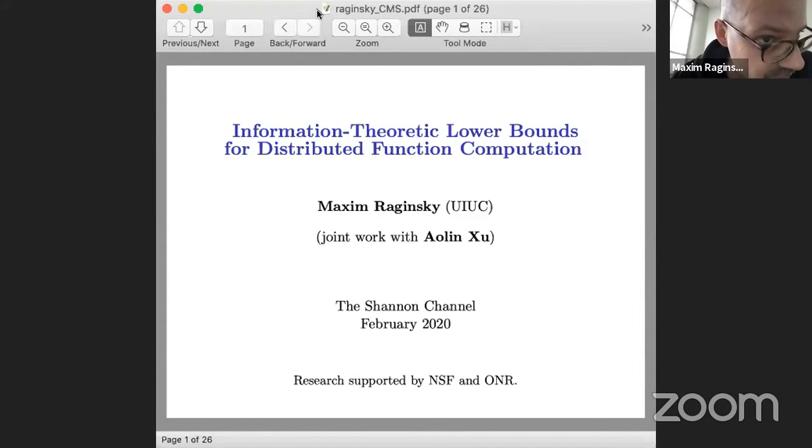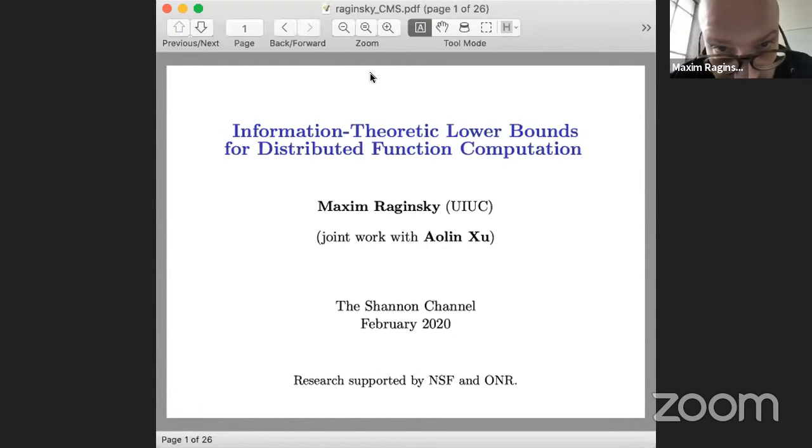All right. Okay, so here it is. With computer audio. My computer audio. Why not the TV audio? The TV audio works, right? Everybody hear me? Yes. Okay. All right. So here we are. This is about information-theoretic lower bounds for distributed function computation. Yes, we cannot see your slides at this point. Oh, I didn't start sharing. Okay, now we see them, but then I think when you make it full screen.